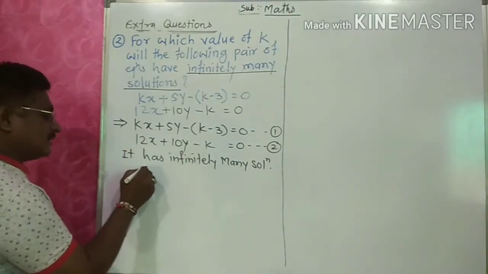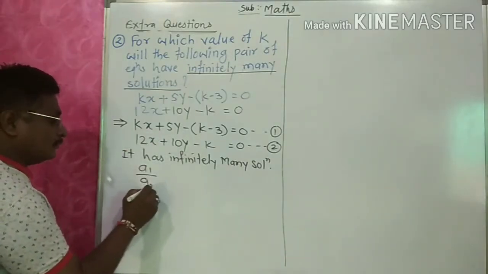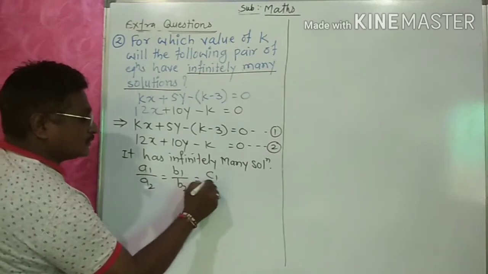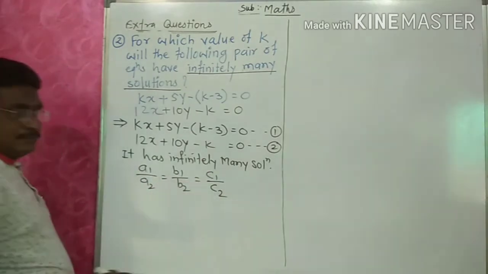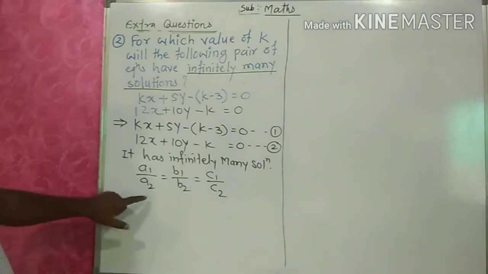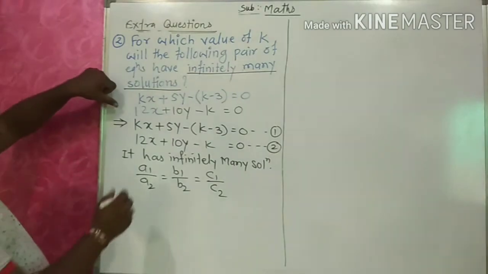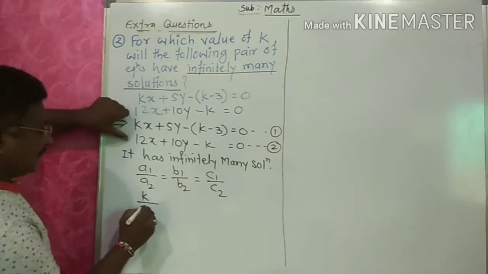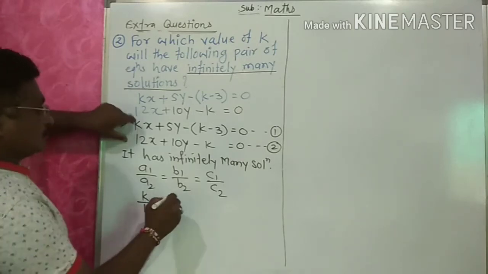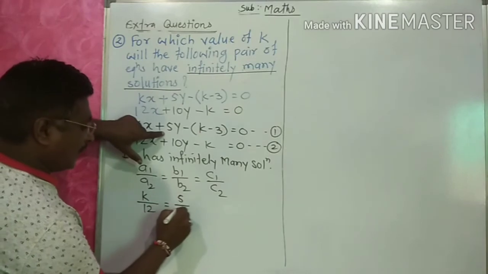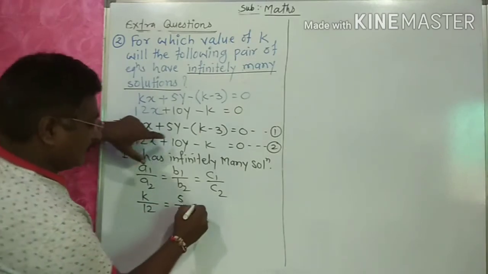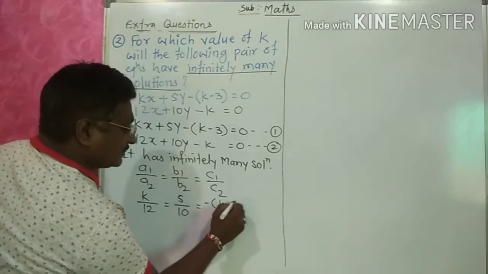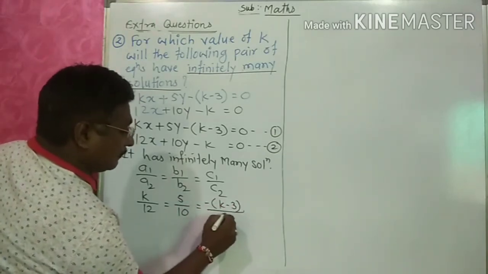So what is the condition? A1 by A2 equals B1 by B2 equals C1 by C2. This is the condition. Now substitute the values. K by 12 equals 5 by 10 equals minus k minus 3 by minus k.